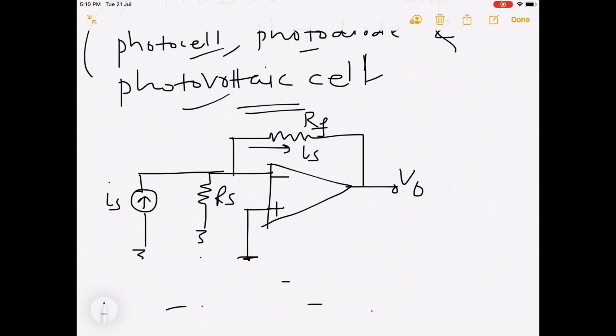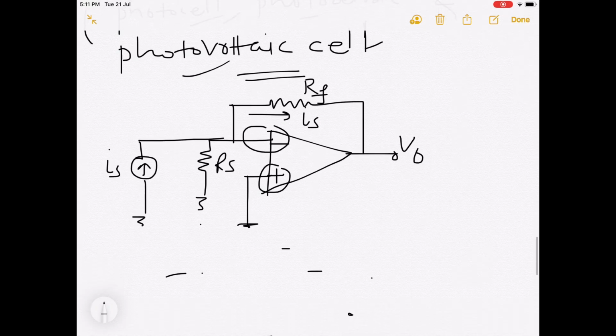Since the positive, that is non-inverting terminal of the op-amp is grounded, by the virtual ground concept, the inverting terminal is also at virtual ground. Also, since the negative terminal is at ground potential, no current flows through RS. The current IS flows through RF, the feedback resistor.